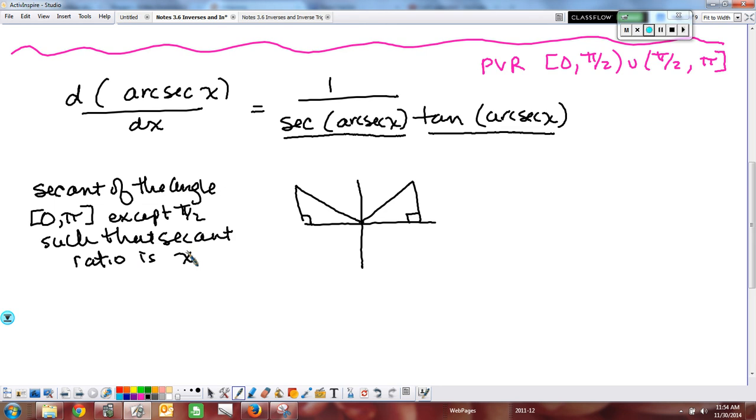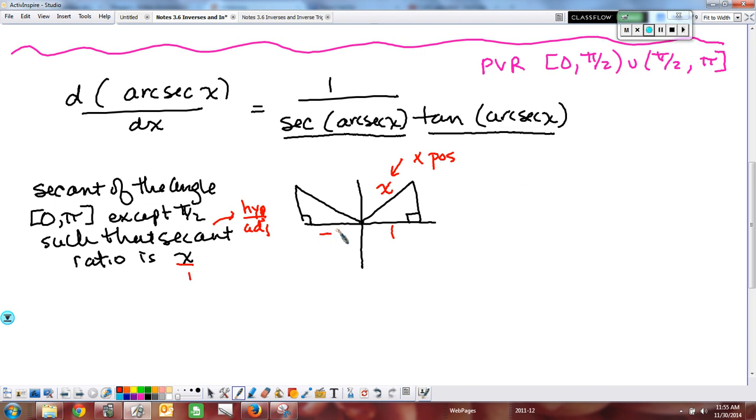All right, so when we're doing this, remember secant is hypotenuse over adjacent. So in this one, hypotenuse x, and then adjacent 1. And that's when x is positive. And then when x is negative, now we got to be a little careful about this: the hypotenuse is always positive. The fact that x is a negative number is not because the hypotenuse is negative. It's because the adjacent side is negative.